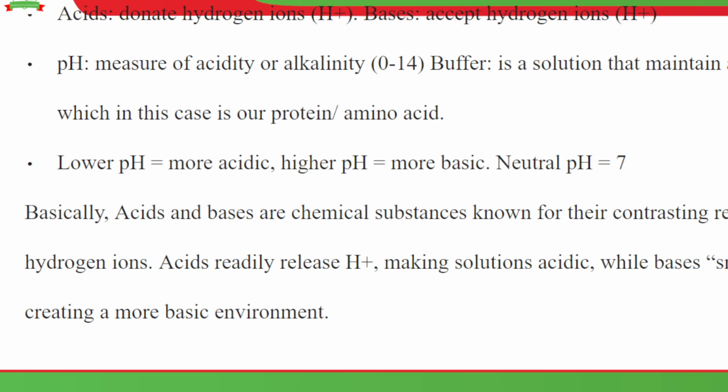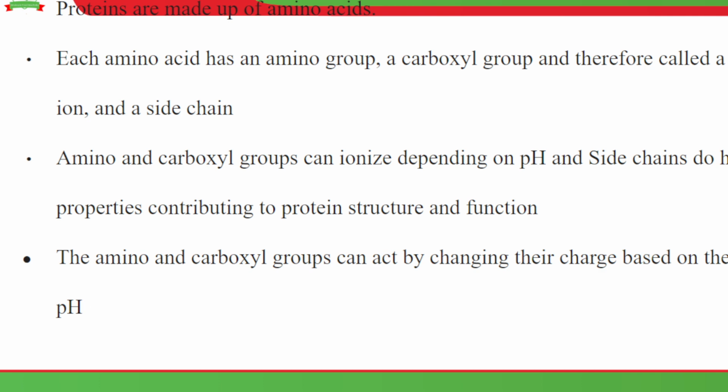Acids readily release their hydrogen ions, making the solution acidic, and the bases snatch them, meaning they grab and accept the hydrogen ions. They then create a more basic environment, meaning they reduce the acidity of the given environment, the internal environment in most cases. For our case here, we are discussing proteins. So proteins, amino acids and the buffer effect.